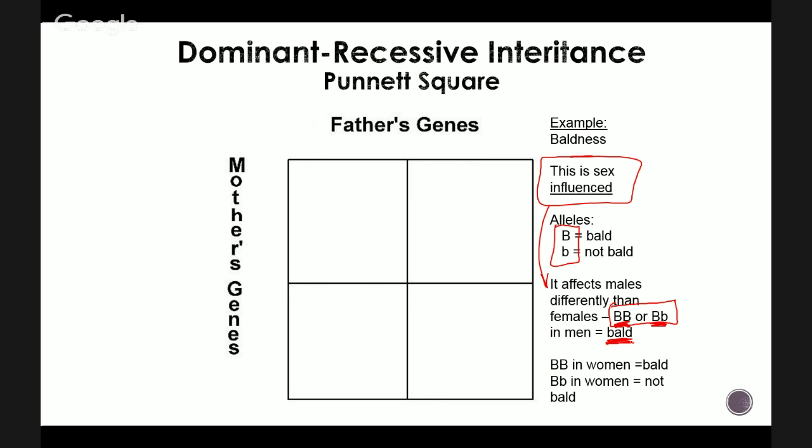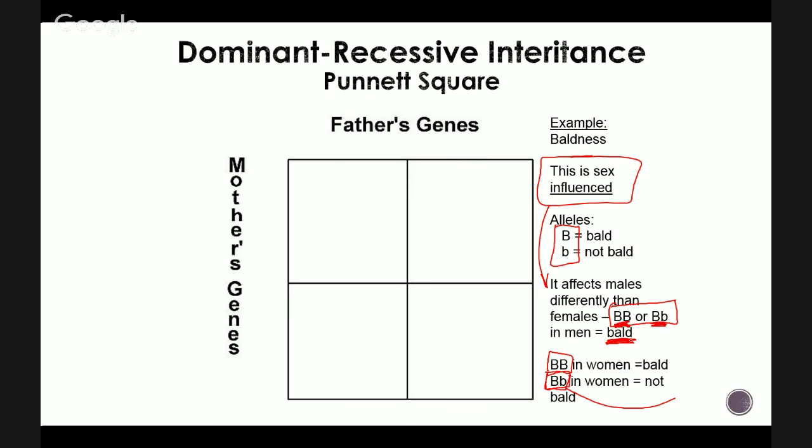But women will only experience baldness, and it's not even as severe as in men, when they inherit the homozygous dominant trait. If a woman inherits the heterozygous alleles, she will not be bald. But if a male inherits that same genotype, the male will be bald. So it affects men and women differently.